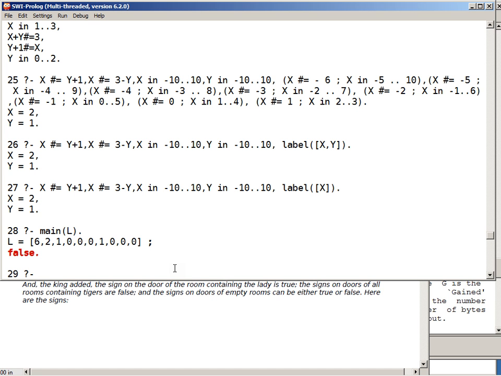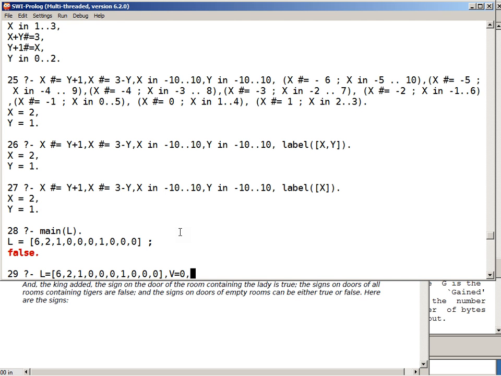So let's say I have a list L, which is exactly this one: 6 2 1 0 0 0 1 0 0 0. And we want to find out the number of occurrences of the value, let's say 2. Or maybe 0, because let's make it interesting from the very beginning. So, what will tell me whether 0 occurs in L?